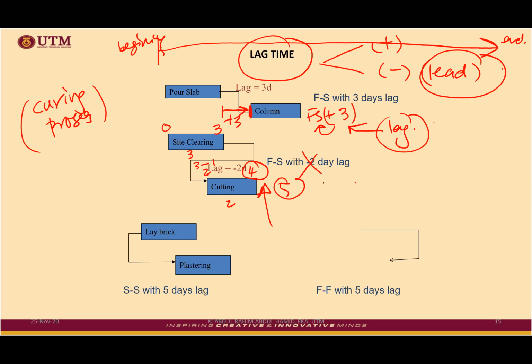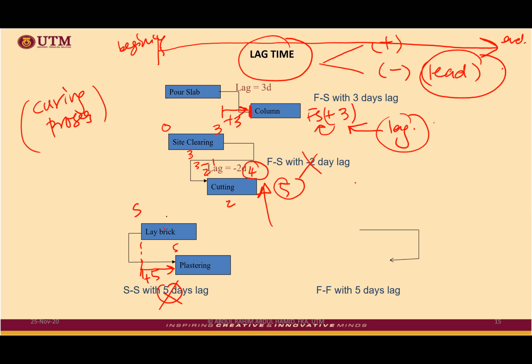Start with 5 days, like. Okay, start and start. You see, we have pushed the starting by 5 days, positive 5 days. If it is without this thing, then these two activities start at the same time. But now the starting of the following activity has been pushed forward, or delayed a little bit. That is the concept.